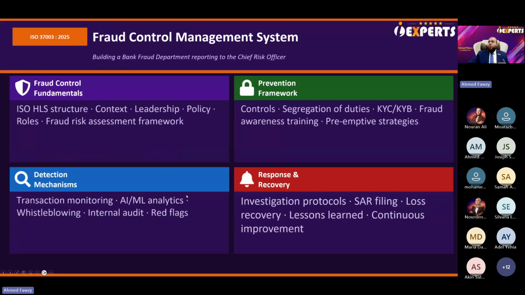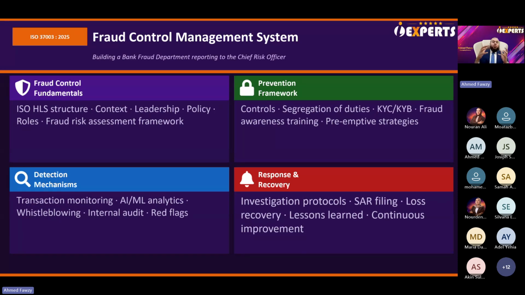So mainly, when we speak about the fraud control management system, let's speak about the main parts that we have in our ISO 37003. We are speaking today about the great structure that we have in the ISO, this holistic approach that starts from information security and a specific level of support from the leadership and the upper management.